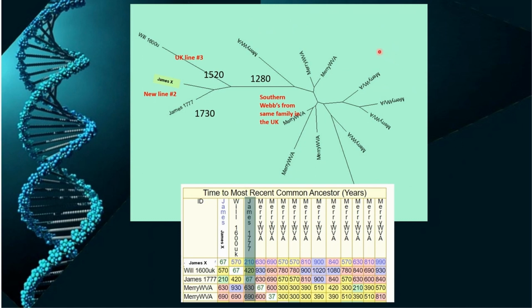So I redrew just the Webbs we're related to here. And I'm going to call this one James X. And he's from a new line we'll look at in a while. Here's the UK line.